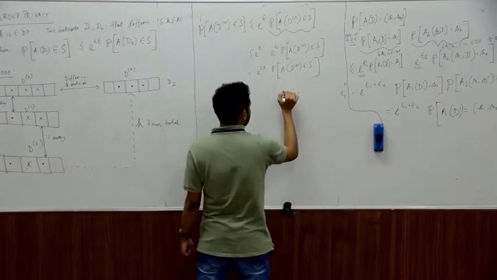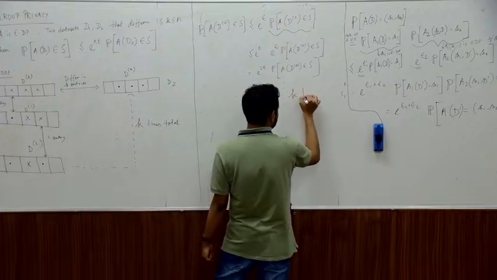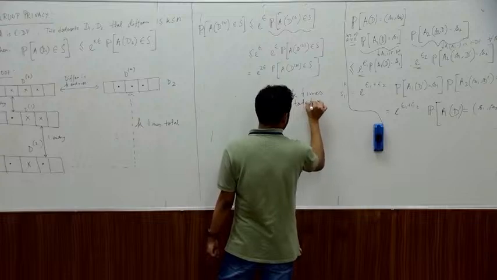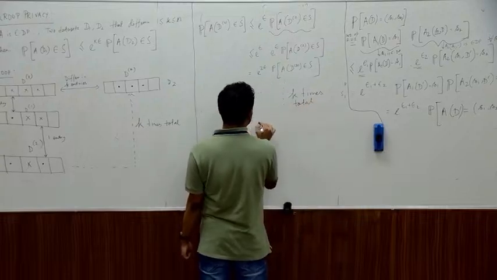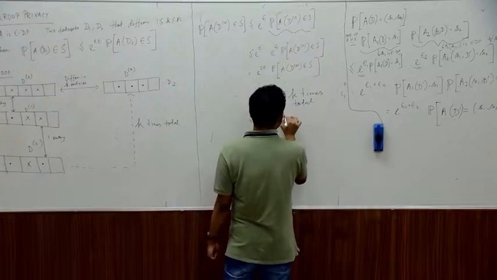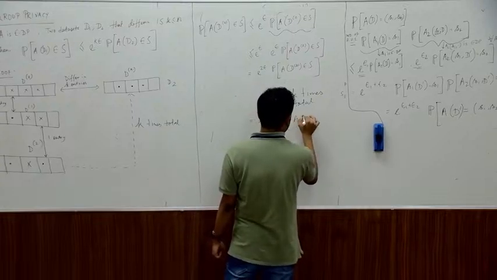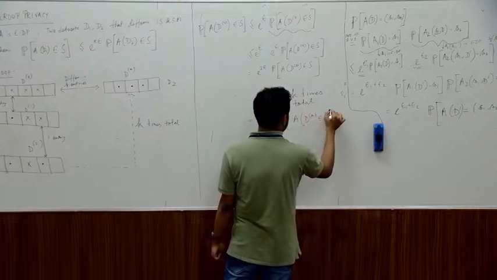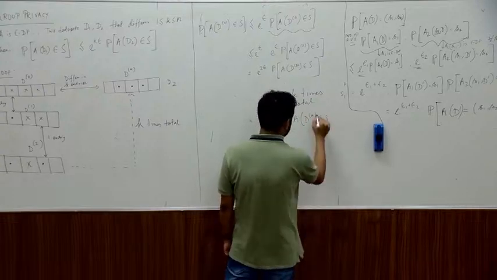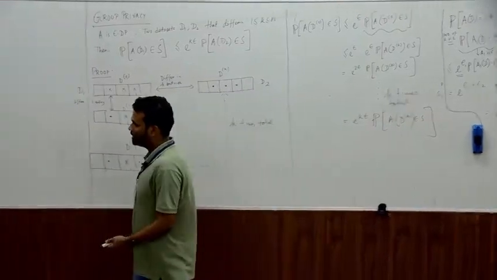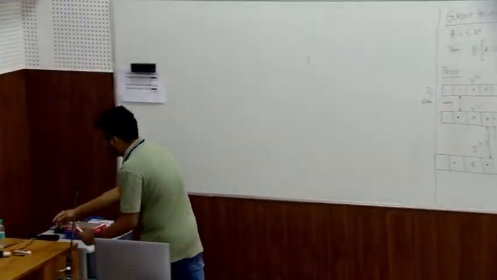Now do it for k times total. We will get e to the power k times epsilon times the probability of A(Dk) belongs to S. Now we have defined D0 as D1, and Dk was D2.